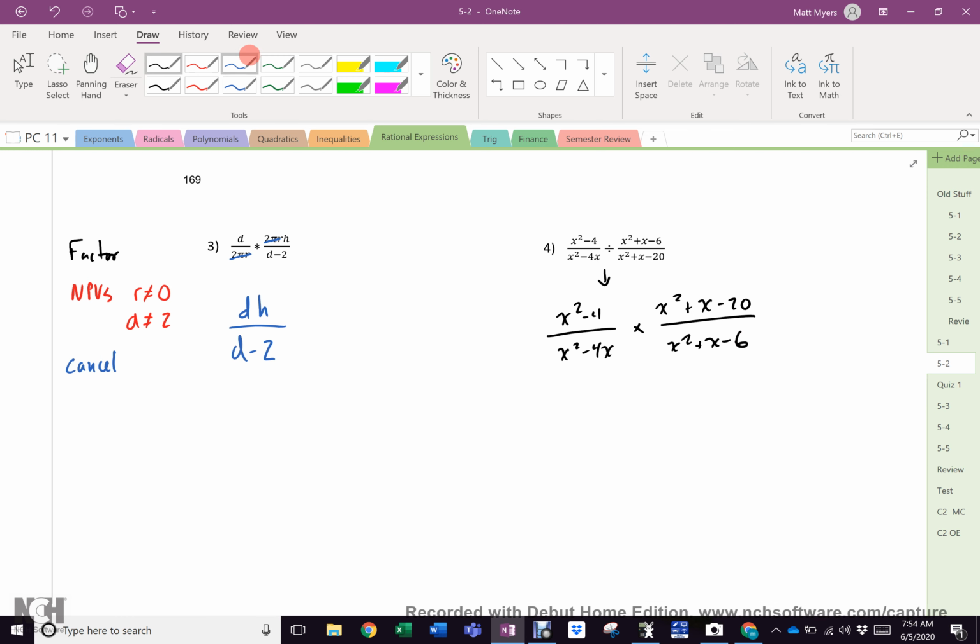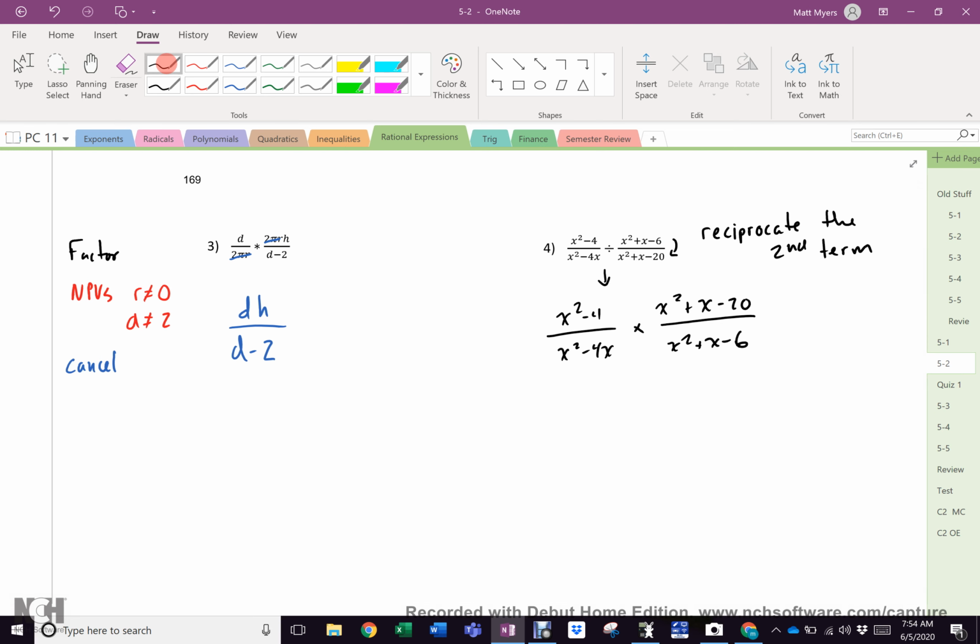We have to remember that we reciprocate the second term. Now, of course, that has a name. It is the divisor. It might be the dividend. I can't remember which it is, but you flip the second term by reciprocating.